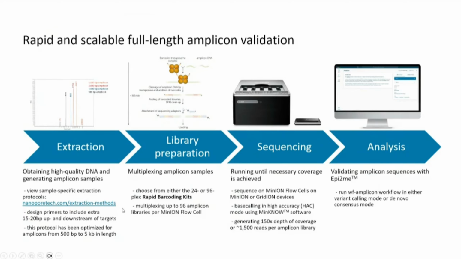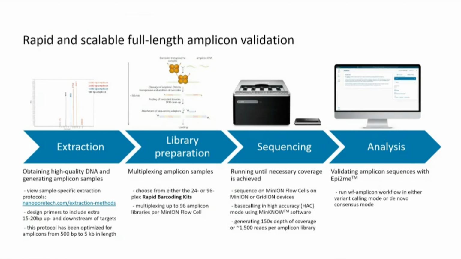After the DNA and amplicons are prepared, we can go for library preparation. The recommendation is to use the rapid barcoding kits. Because we do not need very high data throughput for amplicon sequencing, we can multiplex up to 96 samples per MinION flow cell. For the sequencing, because the required throughput is not that high, we can choose the low throughput MinION flow cells.